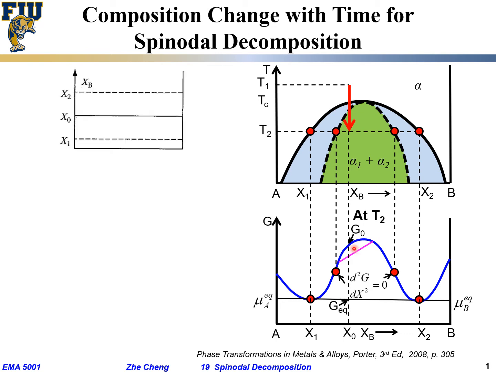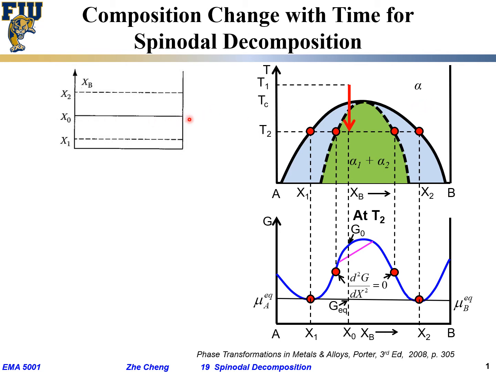So if we're going to draw a composition profile, initially our system is x0. Everything horizontal, everything completely uniform initially, right? When I just quench it from T1 to T2, the moment that I quench to T2, everything takes the structure of still alpha and is uniform.